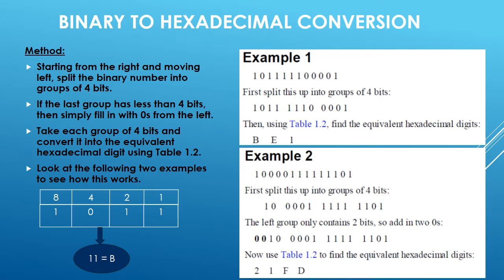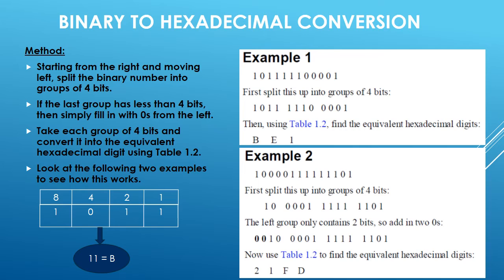And in table 1.2, you can see 14 is equivalent to E. And the last group, 0001, when we put the binary notation 1, 2, 4, 8 on this group, it is going to give us the value 1. So this is how we will simply convert a binary number into the equivalent hexadecimal number.